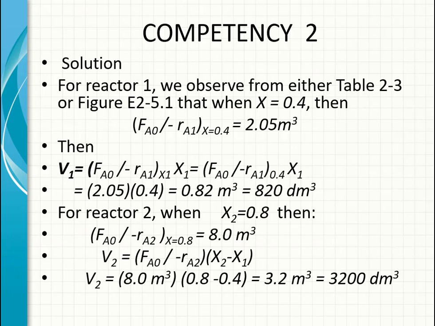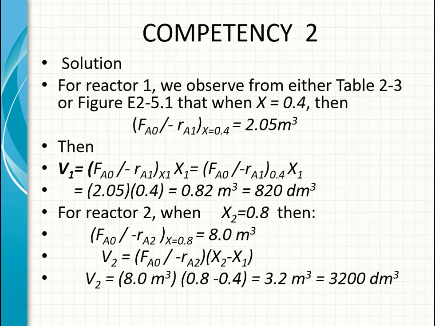For reactor 2, when X2 is equal to 0.8, FA0 divided by minus RA2 is equal to 8 cubic meters, and the volume of the second reactor will be FA0 divided by minus RA2 times X2 minus X1.